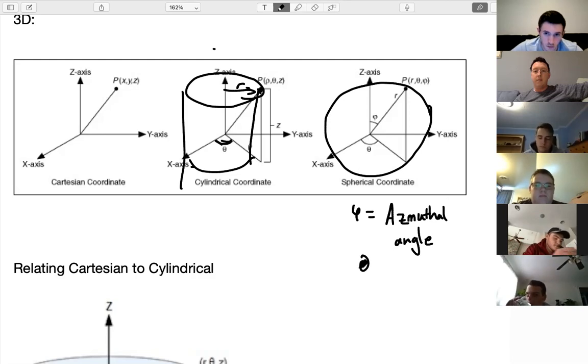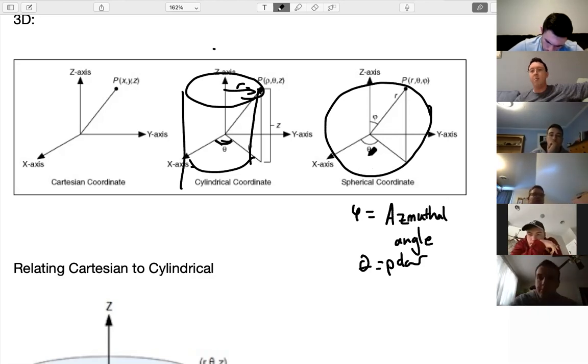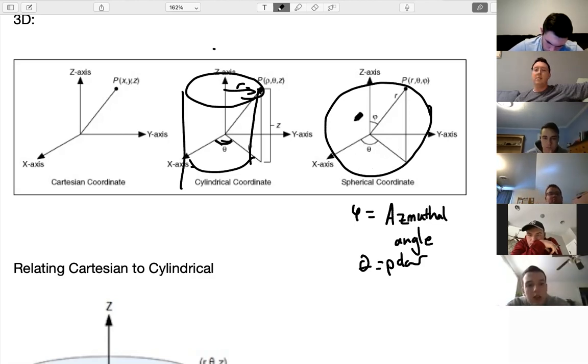I'll say theta is the polar angle. Now, when Stephanie taught that, did she switch the two, phi and theta? There are some books where people do that, and I can't remember what she does.